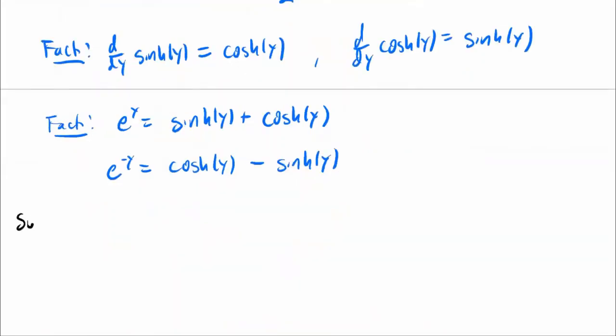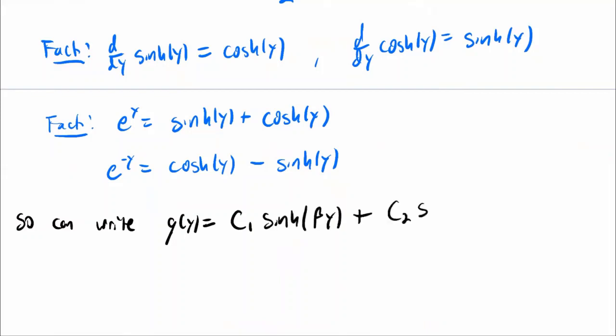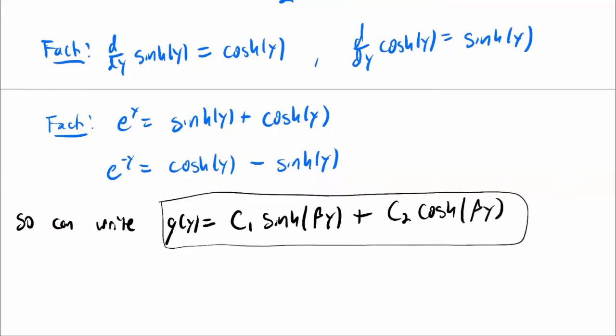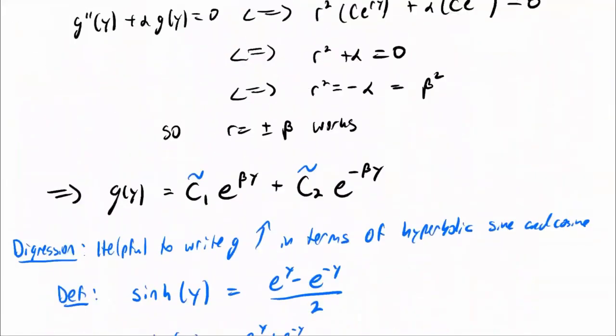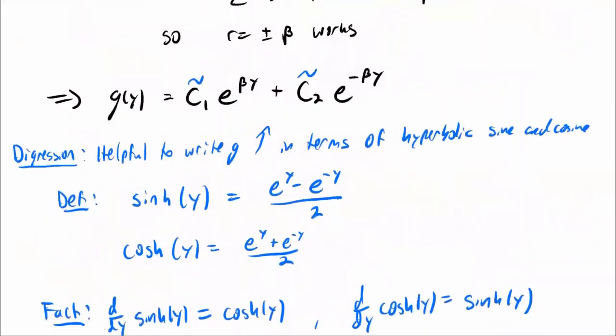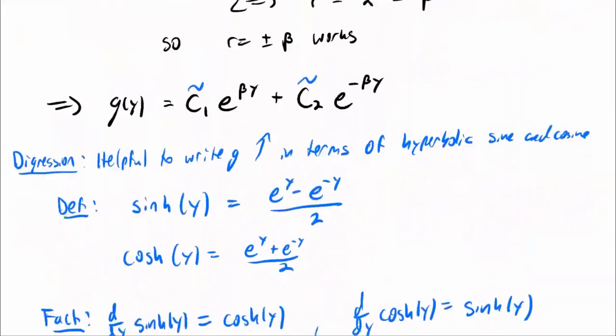And so we can write g of y as some number C1 times hyperbolic sine of beta y plus some number C2 times hyperbolic cosine of beta y, for certain constants. C1 and C2 may be different than the C1 and C2 that I wrote here, which is why I put the tilde. But since they're arbitrary constants and we don't know what they are, let me just rewrite them as C1 and C2 again.